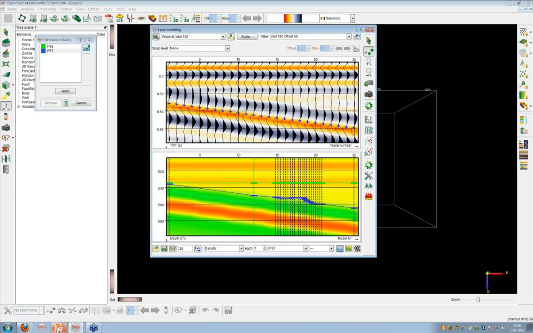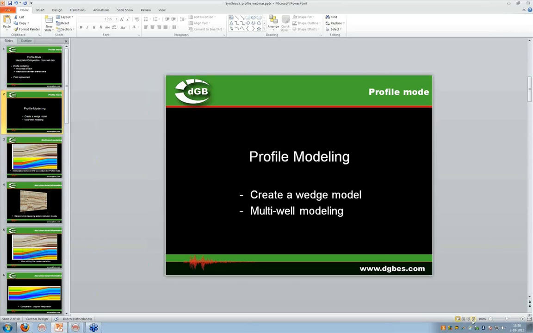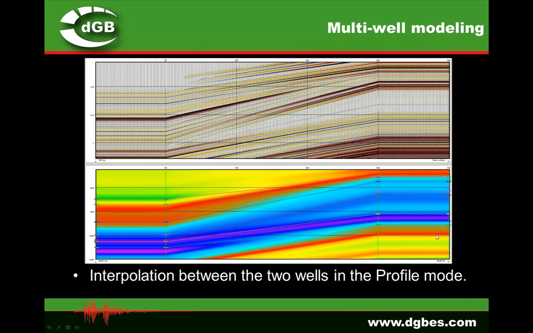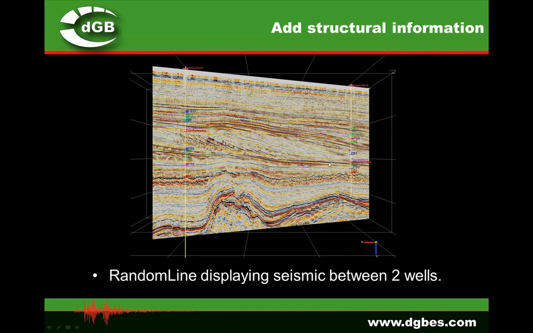So that was only the same well I just moved, but you can also obviously see how it behaves if you display different wells. Here are three different wells, and it's doing the interpolation between the three wells. As I say, you may have something happening between your wells, and you want to change the behavior of the markers. For example, here you see that it's a bit more curved rather than a straight interpolation.